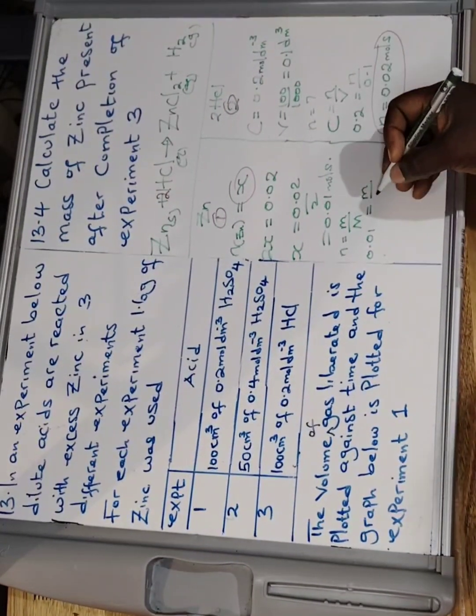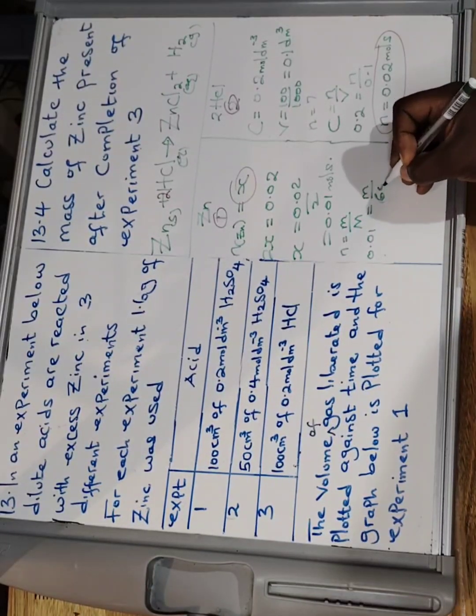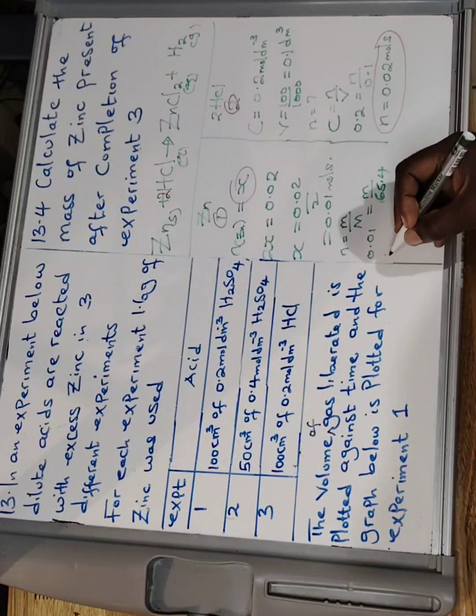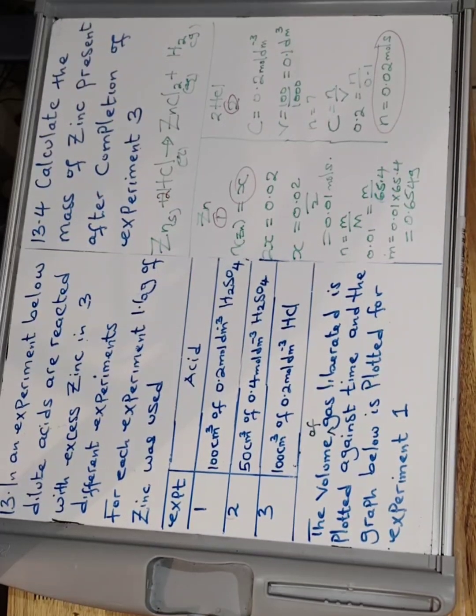From the periodic table I've checked, we have it as 65.4. After that, we can get the mass. Yes, so the mass of zinc which reacted is 0.654 grams. That's it.